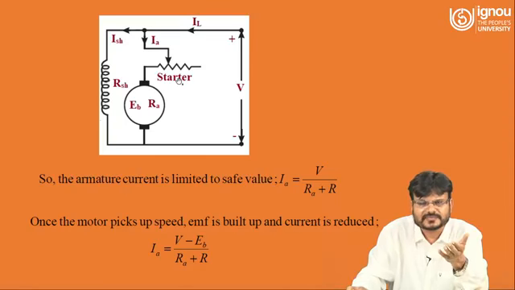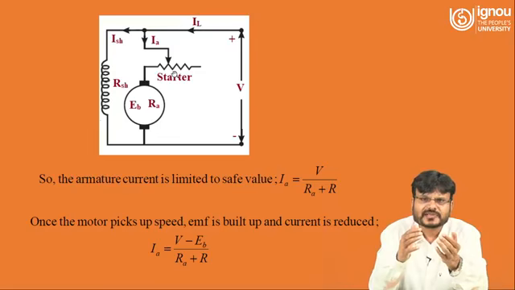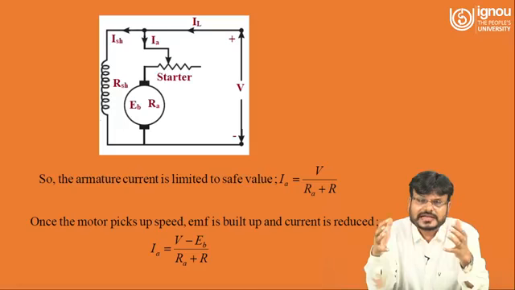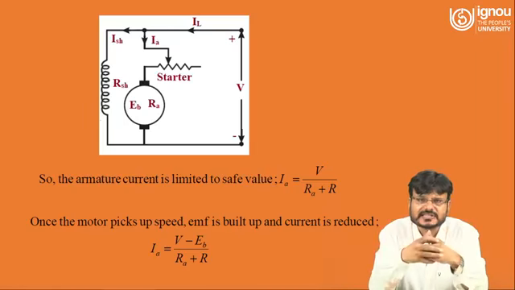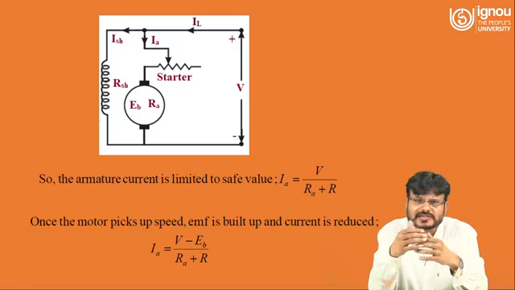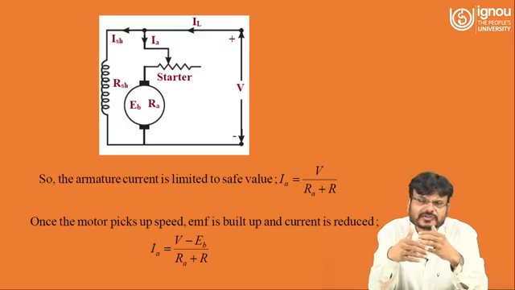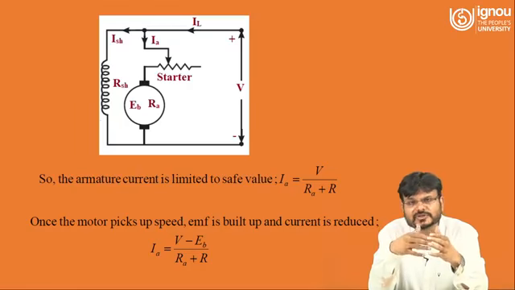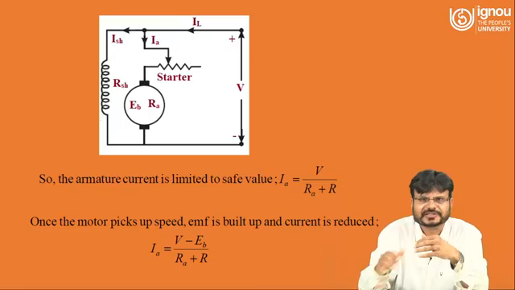You can see here this starting resistance is a variable resistance. That means in the starting you will put extra resistance in series with the armature, and after some time you will cut this extra resistance when this motor comes to full speed, or is running at the rated speed.